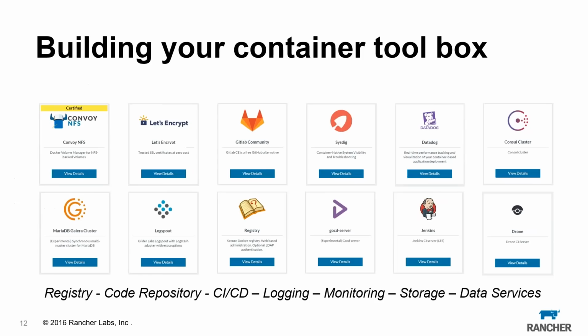The catalog in Rancher, if you haven't used it already, is really a great place to start, because what you see in the catalog is users and vendors developing not just images. The catalog goes beyond a registry where you might say, here is an image of a specific thing. A catalog is a combination of an image or multiple images, but also some links, some scheduling policies, maybe some HA configurations.